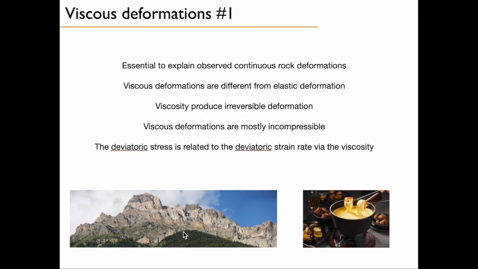They produce irreversible deformation, and they're mostly incompressible. And in the case of viscous deformation, the deviatoric stress is related to the deviatoric strain rate via the viscosity. So that's it for the first part of the lecture. Thanks for your attention.